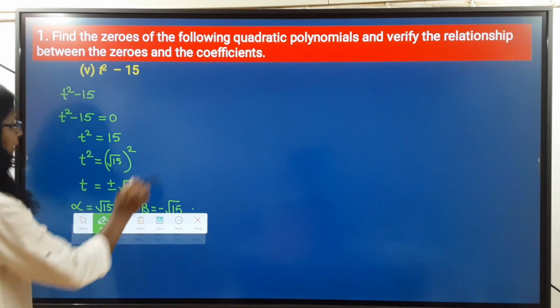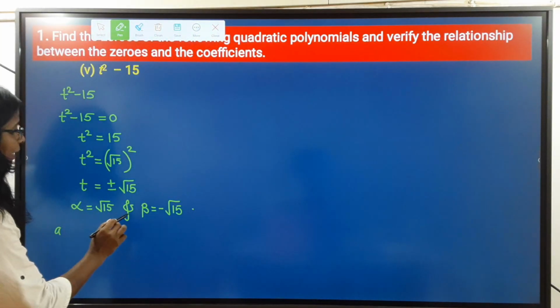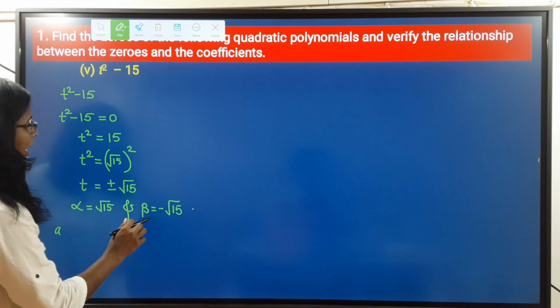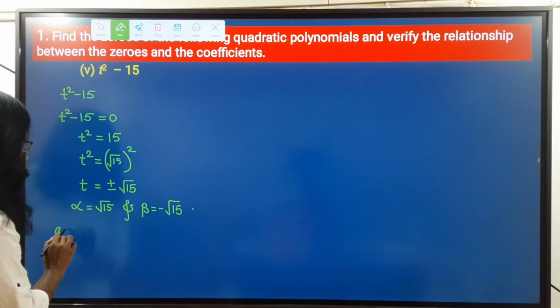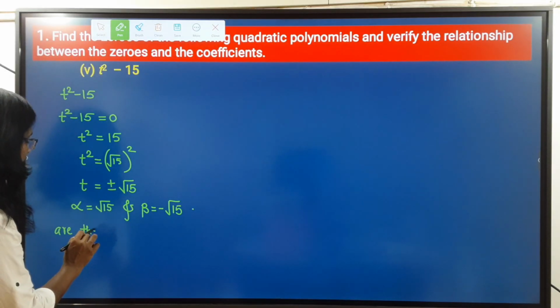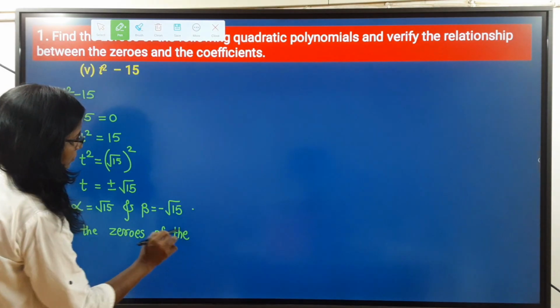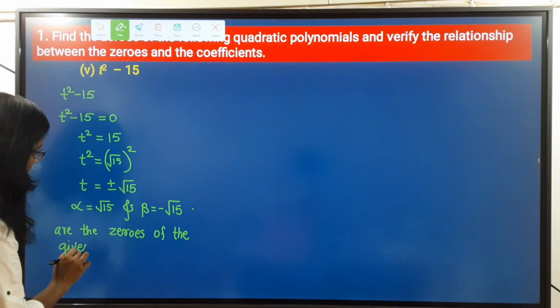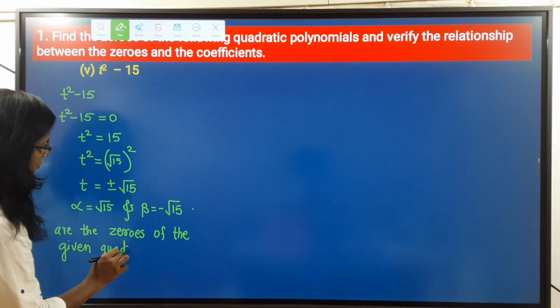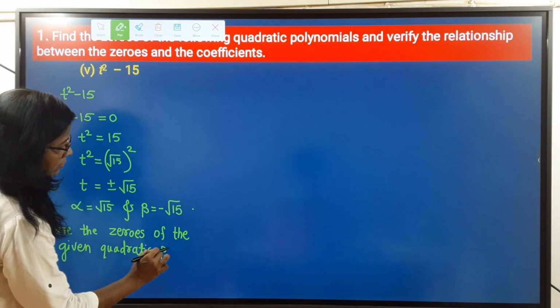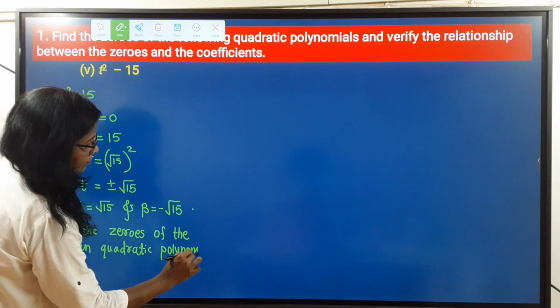So I say that alpha is equal to root 15 and beta is equal to minus root 15 are the zeros of the given quadratic polynomial.